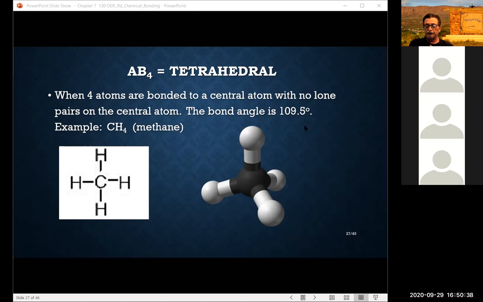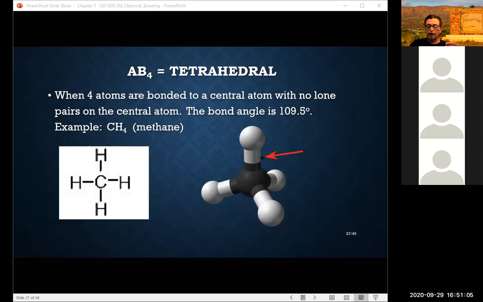A good example of this would be methane. Methane, here's the model to your right: the dark color here in the center is the carbon and the white are the hydrogen. Three-dimensionally, this is kind of a model of what it looks like. Now, the reason it has a bond angle is there is interaction.